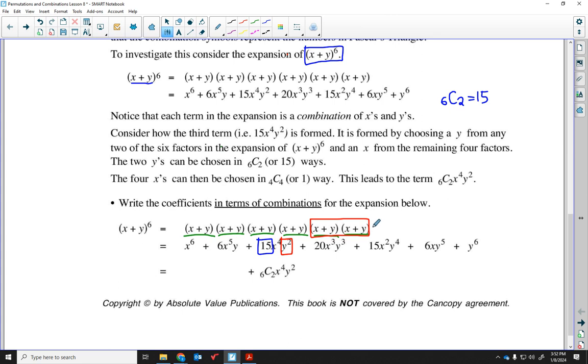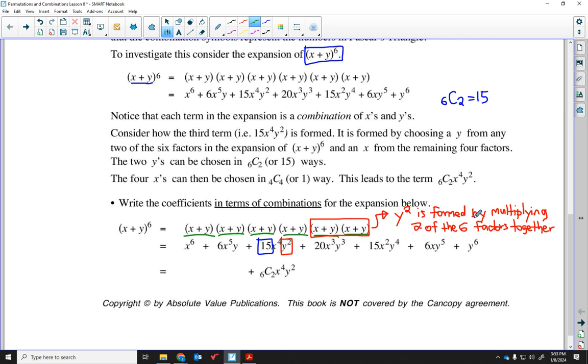So the logic we would apply right here is that the y squared is formed by multiplying 2 of the 6 factors together.